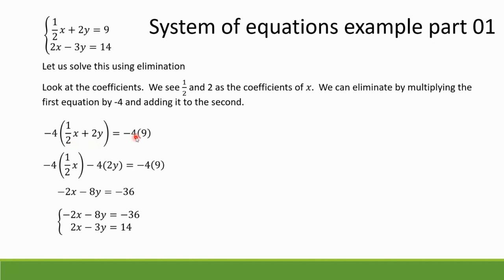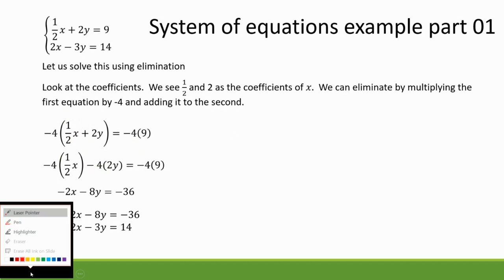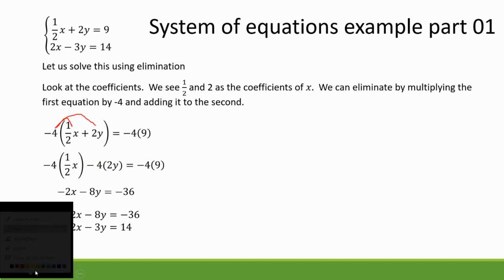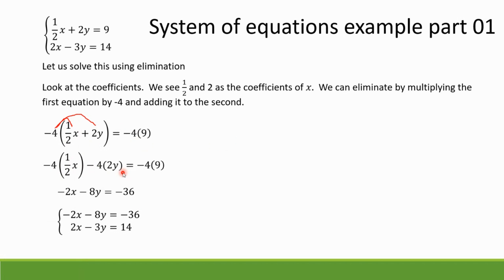Now, we multiply by -4. We get -4 times 1/2 times x, and -4 times 2y. I'm multiplying both sides by -4 and distributing.